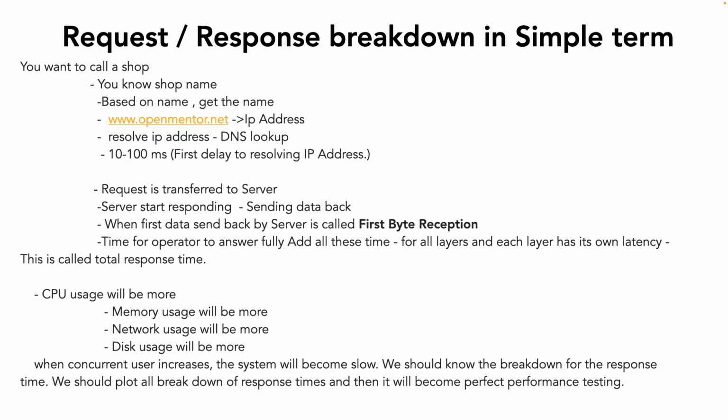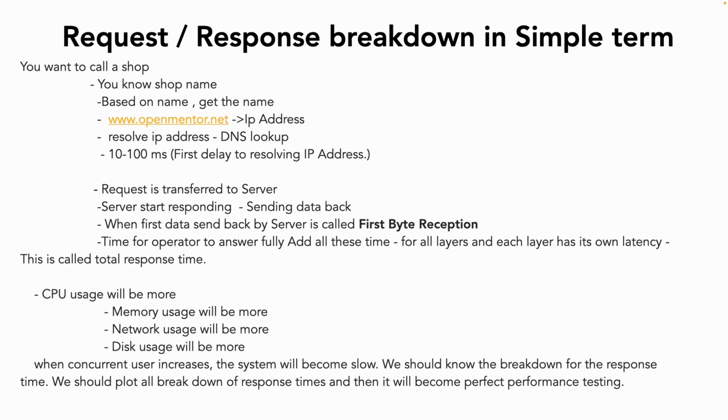Now I'll try to explain this in a simpler form. Take any shop. If you want to do shopping, generally you go to the shop by its name. In the same way, when you access an application, it has a URL, and that URL is mapped to an IP address.